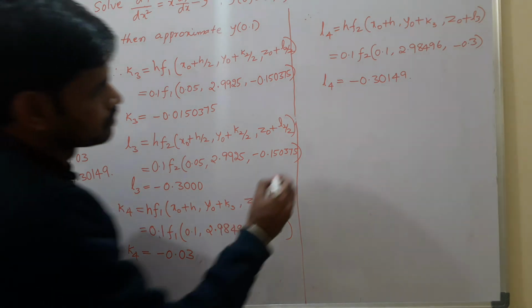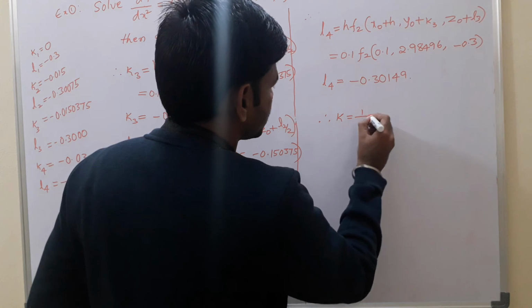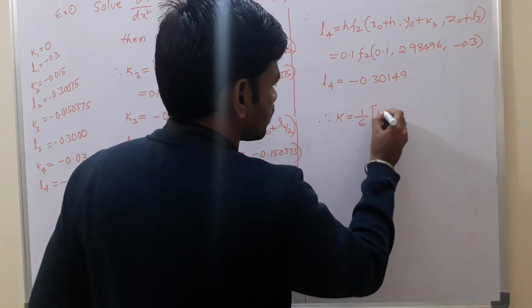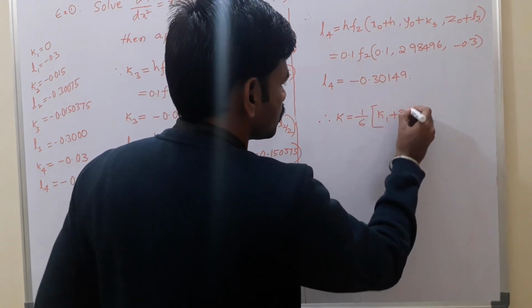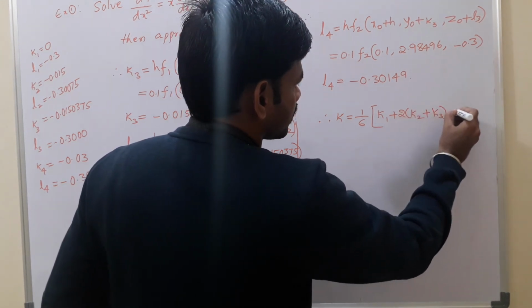So therefore k equal to 1 by 6 of k1 plus 2 into k2 plus k3 plus k4.